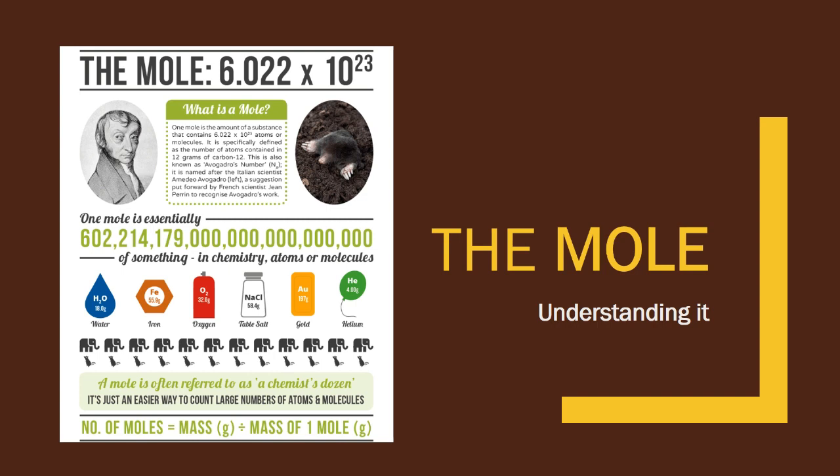Similarly, if you have a dozen elephants and a dozen mice, you would expect the dozen elephants to have a significantly greater mass than the dozen mice. However, despite the difference in mass, you still have a dozen of each. In the same way, the same number of moles of different elements and compounds can be different masses.